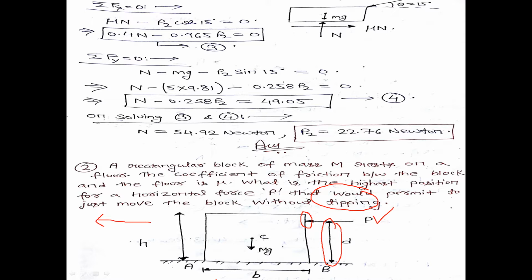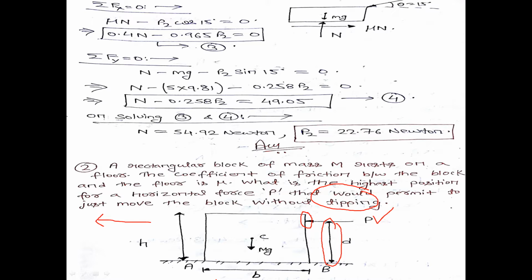Again I am repeating, if I find out the value of distance d for this particular block for the tipping condition, that distance is the limiting distance. At most you can keep this horizontal force P at that much distance so that tipping of the block will not take place from point B. Are you getting my point?